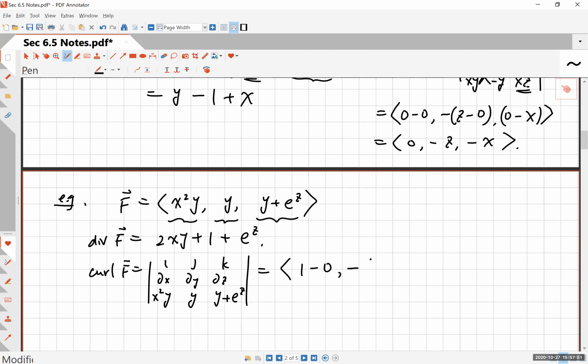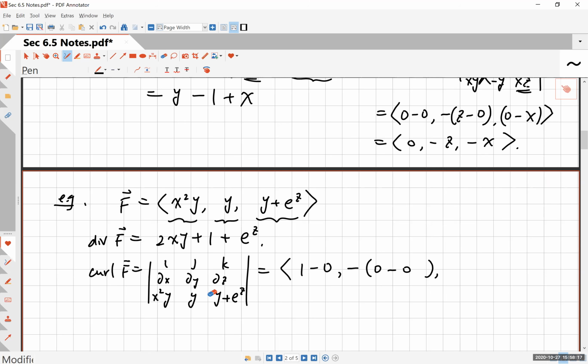For the next one, I always try to do this, negative and then parentheses. It's going to be this minus that. The first one is the partial of this thing with respect to x. There's nothing there, so that's going to be 0. And then this other part here will be the partial of x squared y with respect to z, and that's also 0. You see that?